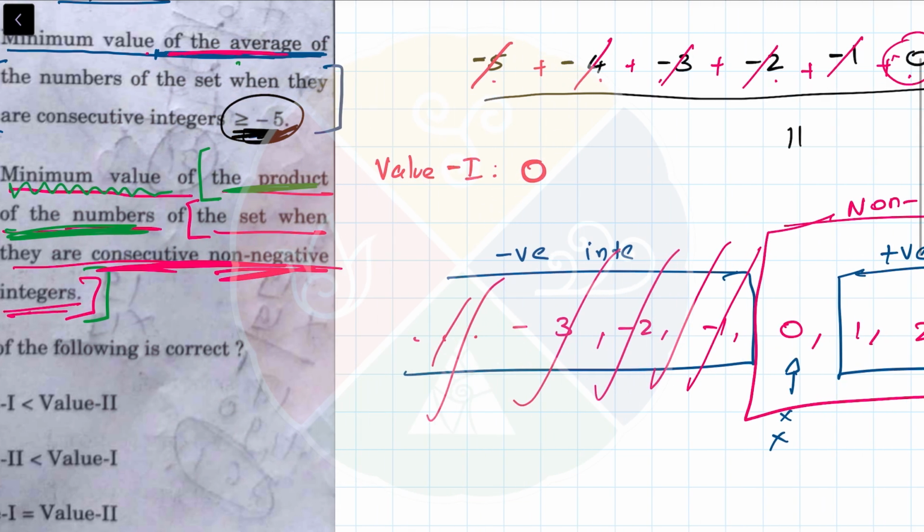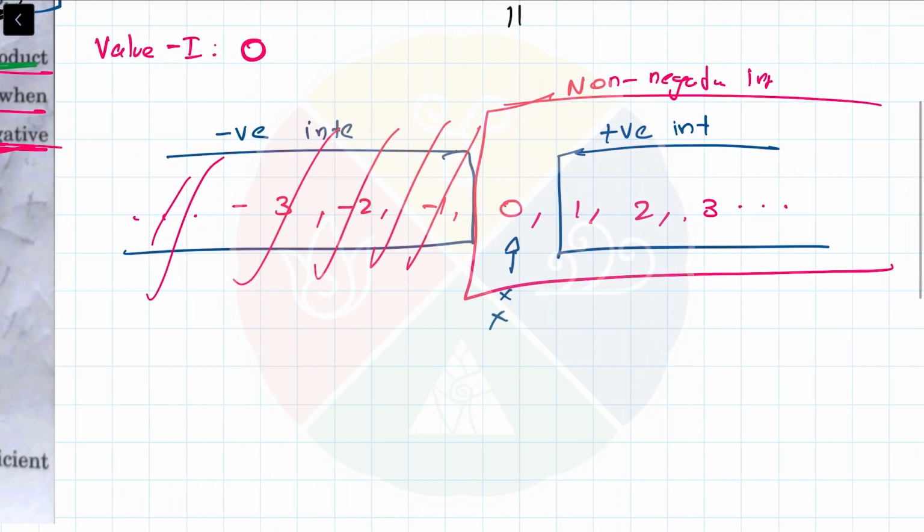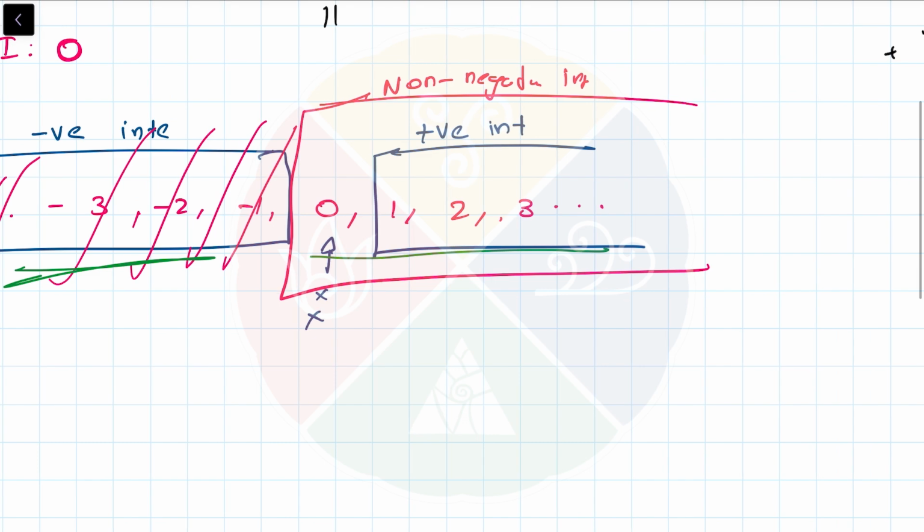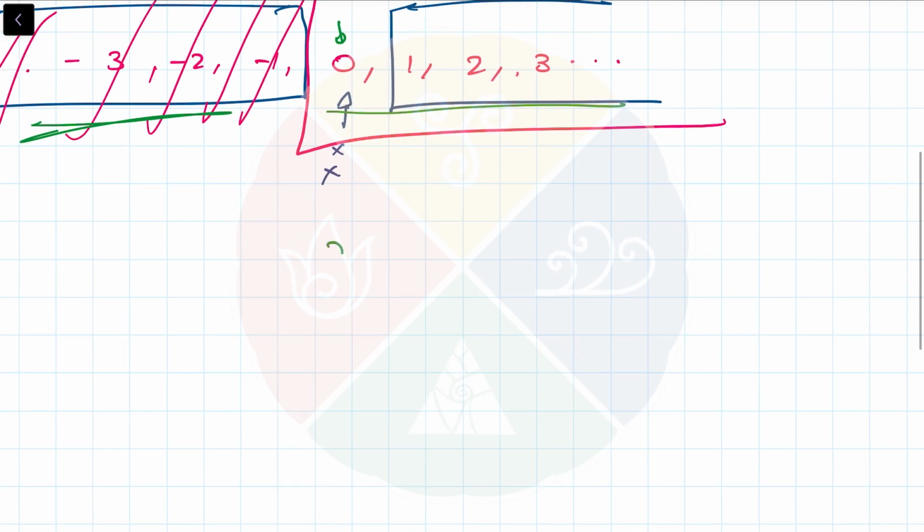See, if you want the product of consecutive integers to be minimum, since negative numbers are not there, you simply have to take the smallest set. In fact, if you include 0, the entire product will become 0. For example, the 11 numbers which I'll select are 0, 1, 2, 3, 4, 5, 6, 7, 8, 9, and 10. 11 numbers are there.